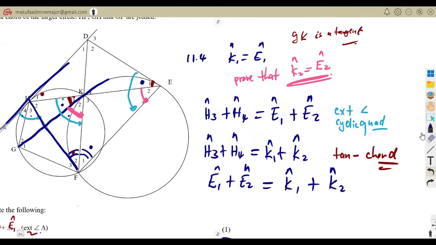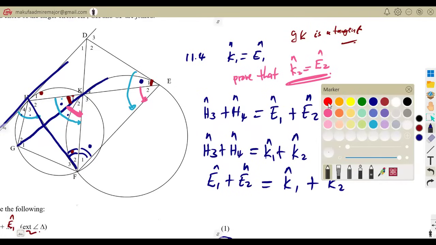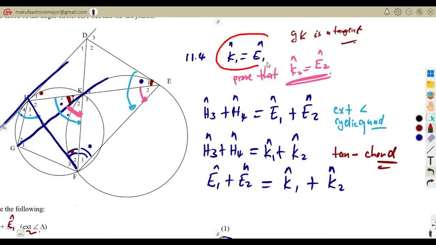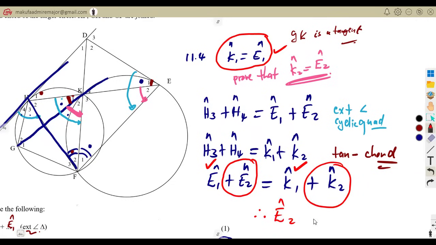And we are already given that K1 is equal to E1. So if K1 is equal to E1, what does it mean? It tells us that E2 is equal to K2. So angle E2 is equal to K2, which is the one we need to prove here.